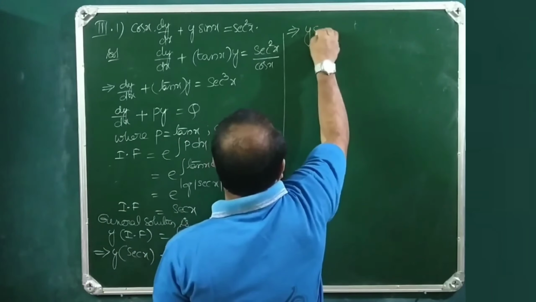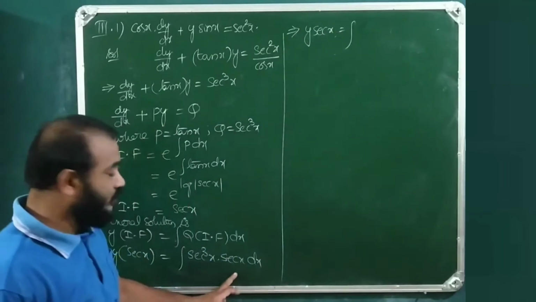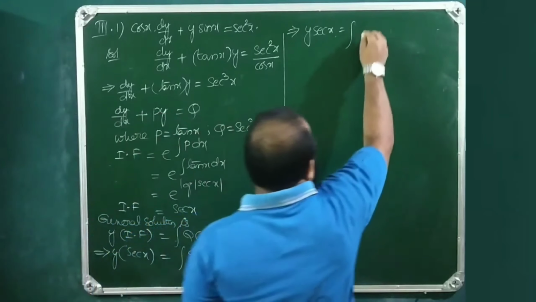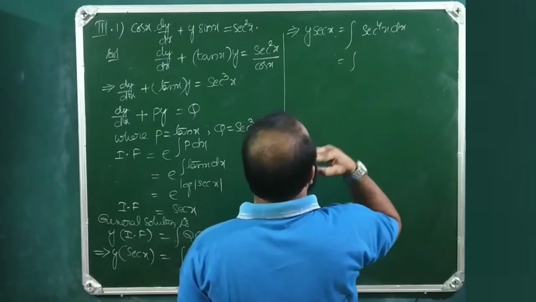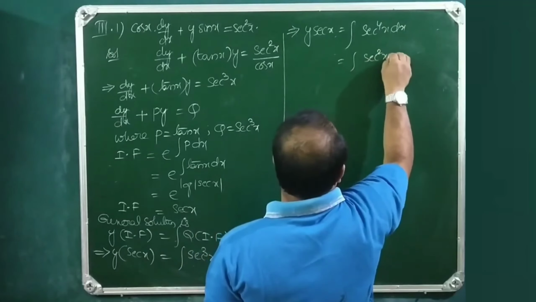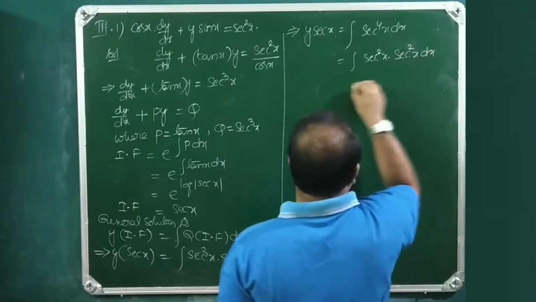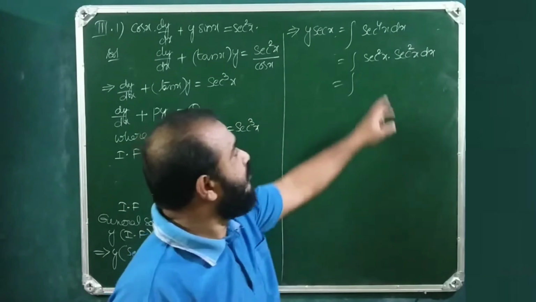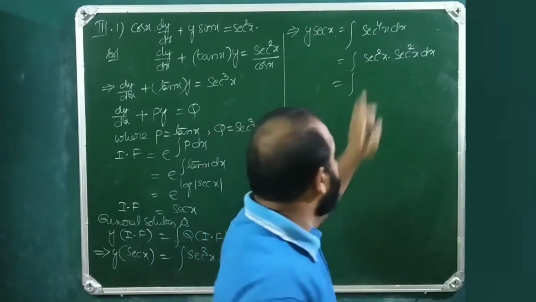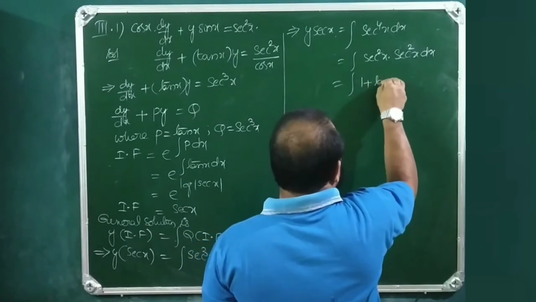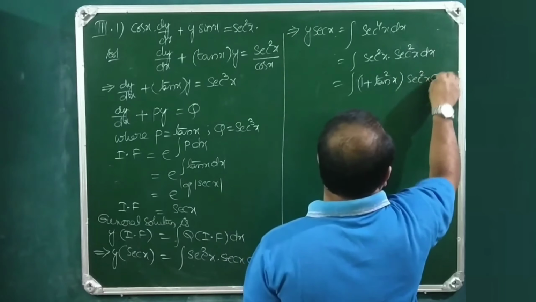So y secant x equals integral secant cube x into secant x, which is secant power 4 x, dx. This can be written as secant square x into secant square x dx. Secant square x minus tan square x is 1, so secant square x is 1 plus tan square x. This is (1 plus tan square x) into secant square x dx.